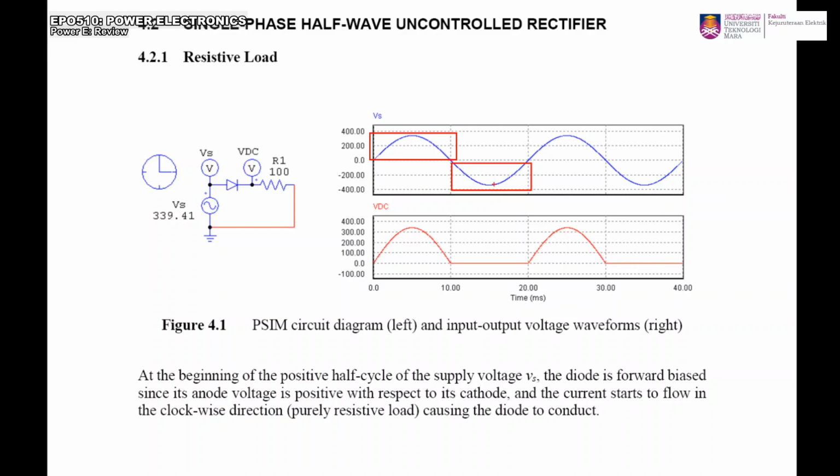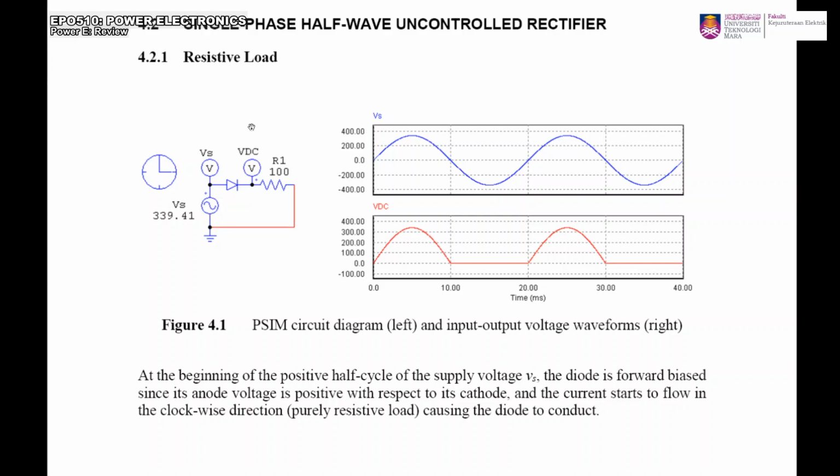You also need to understand that the diode operates depending on the voltage and current of the circuit. It will only turn on when the voltage is forward bias, and we have the current that flows in the same direction of the diode symbol here, right? So that will turn on the diode.